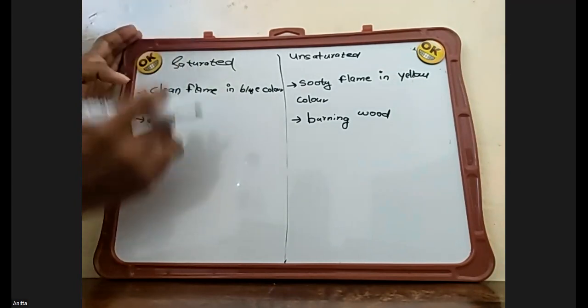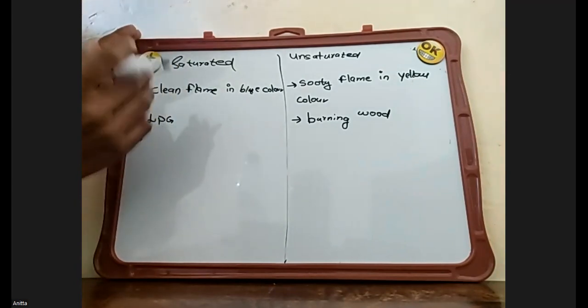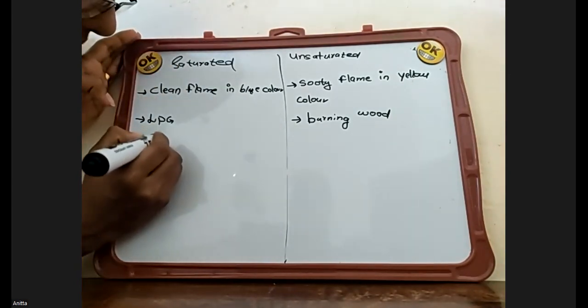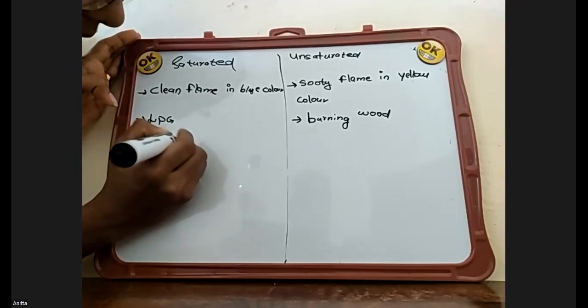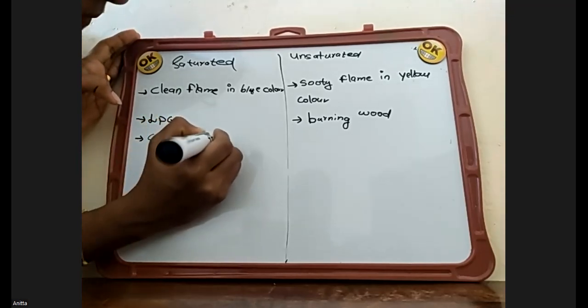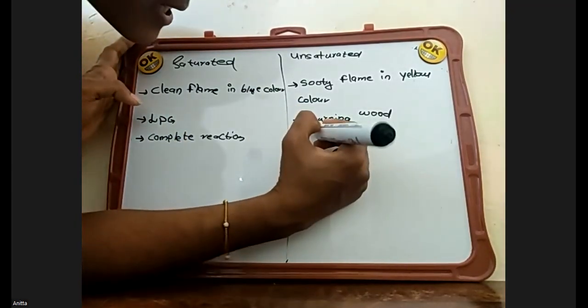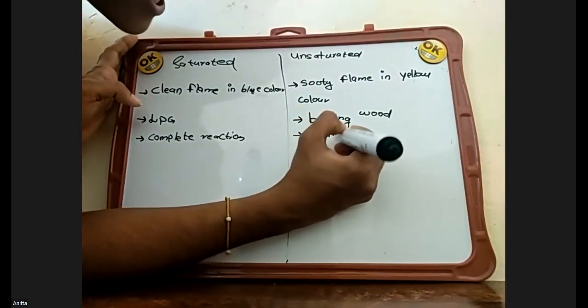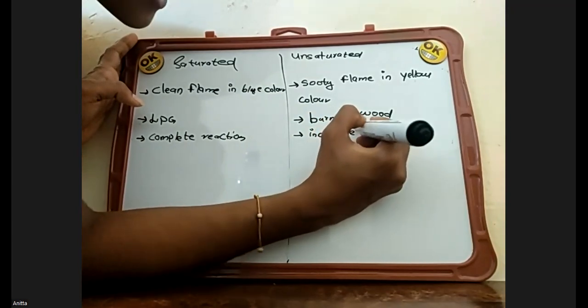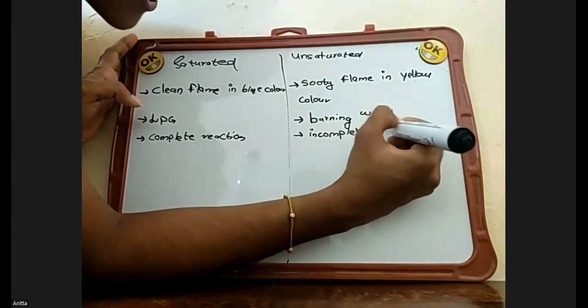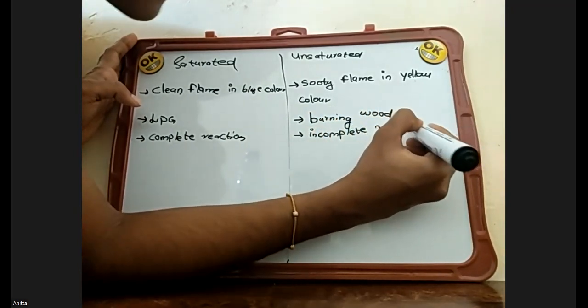In the saturated condition, it is a complete reaction. And in the unsaturated condition, it is an incomplete reaction. How do we say it is a complete or incomplete reaction?